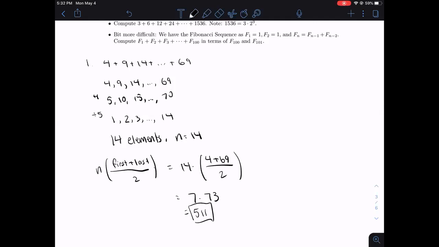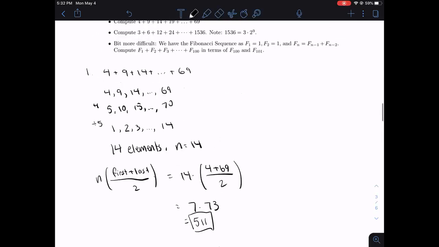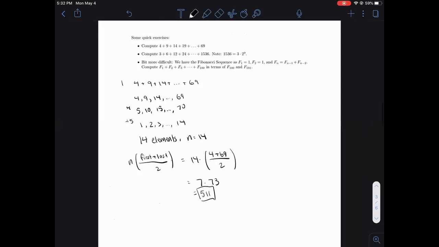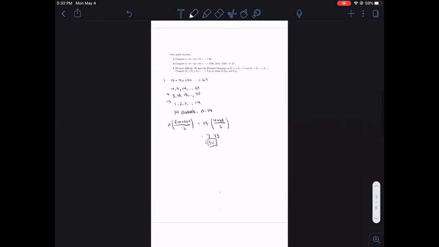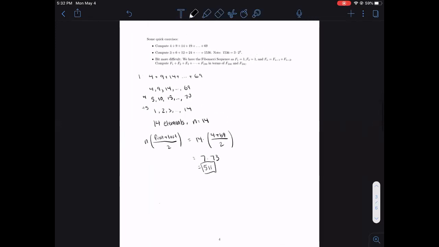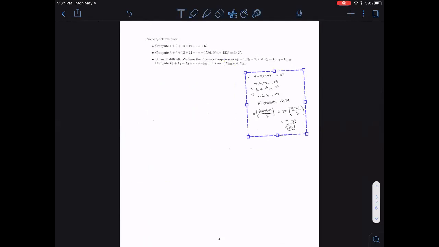I think. Yeah, it's 511. All right, so that's it for the first part. I feel like I'm going to run out of room, so I'll move this there.